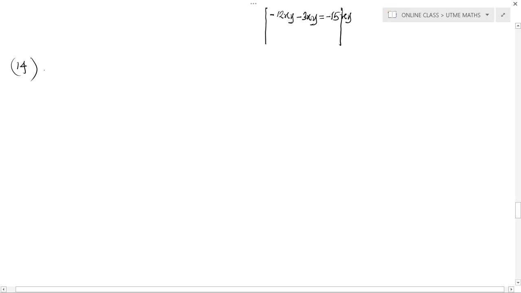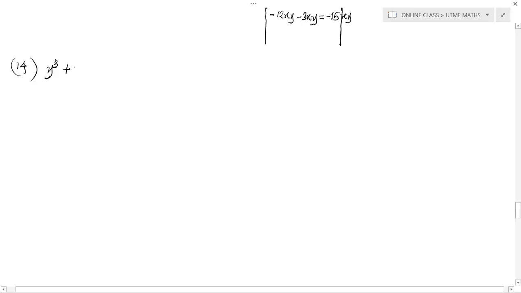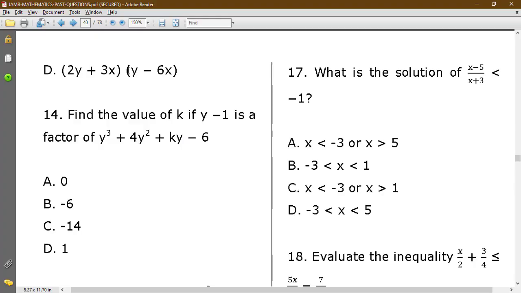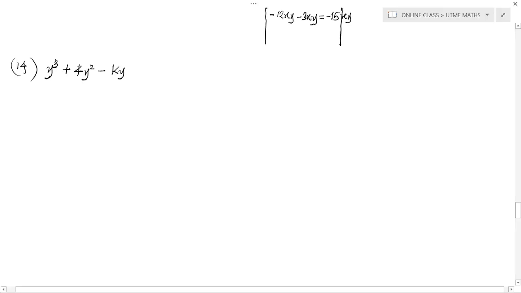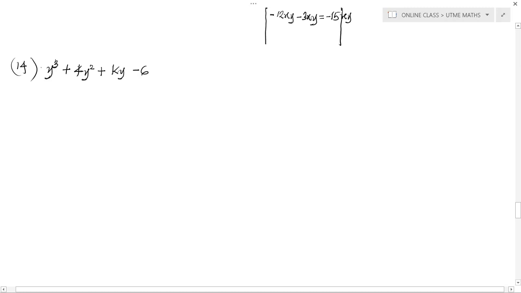So we have y cubed plus 4y squared plus ky minus 6. So that's the polynomial here.